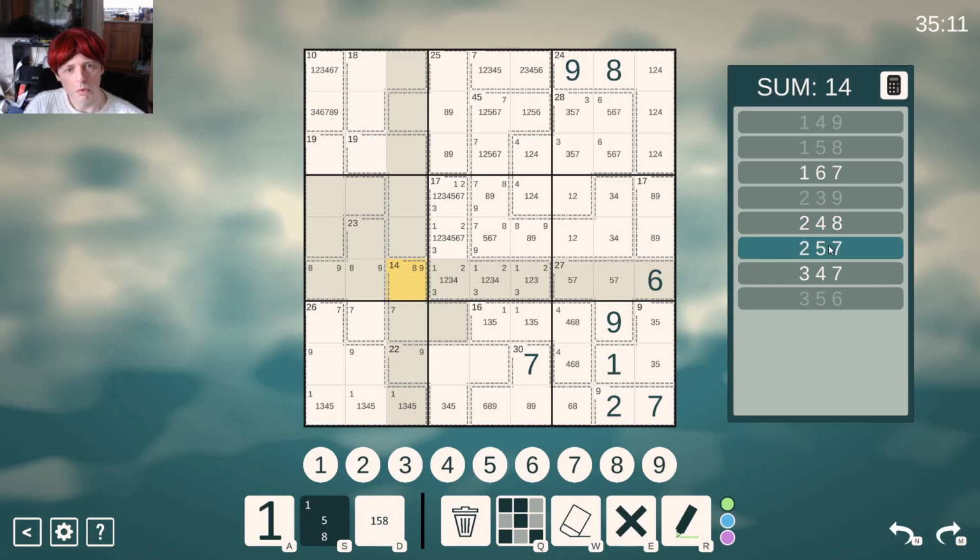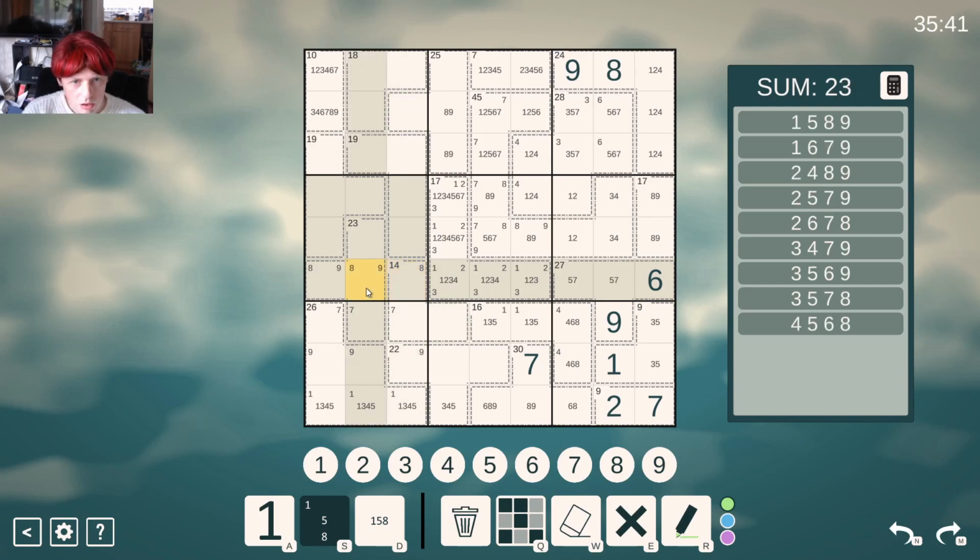It doesn't use the 8, there must be a 7. That's not a 9 because the 9s have gone, so there must be a 9 in this, so we can get rid of everything that doesn't contain a 9.